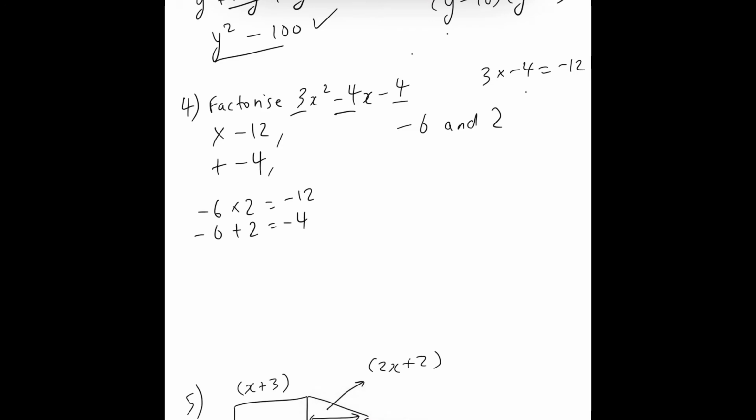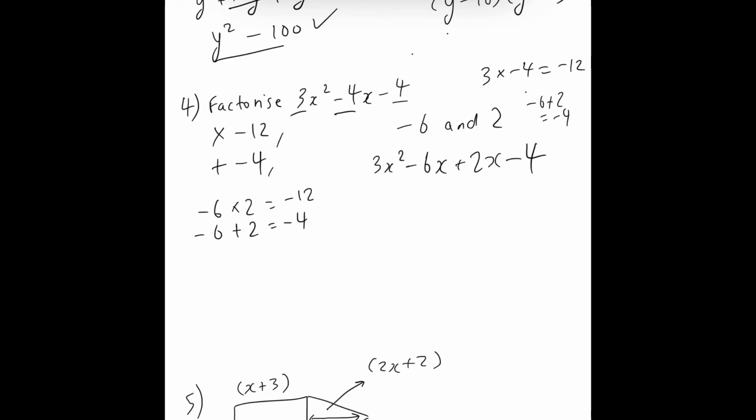You're going to write down 3x squared. Since we're splitting up what minus 4 is, since we know that minus 6 plus 2 is equal to minus 4, you're going to write there minus 6x plus 2x minus 4.